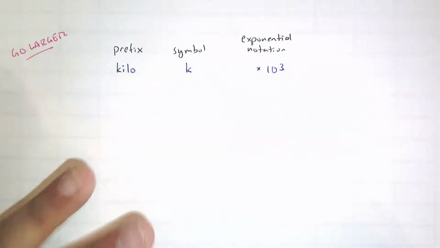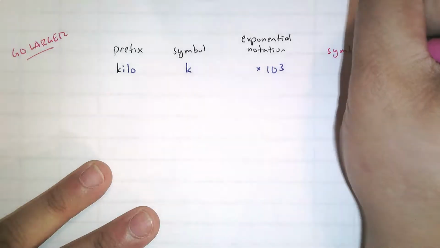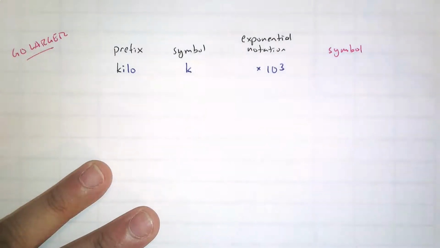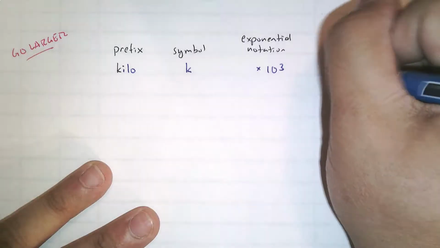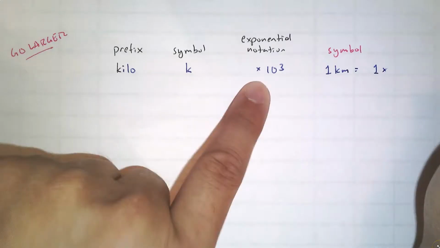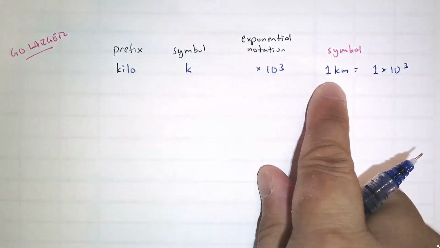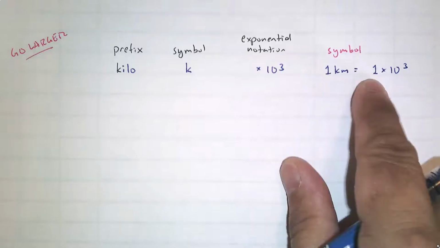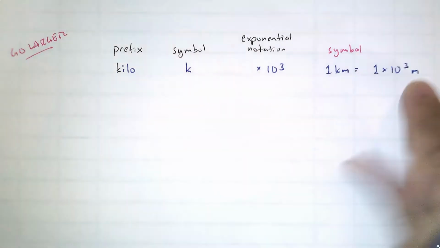Where have you seen kilo before? Kilogram, for sure. Kilometer, a unit of length. Let's do kilometer. 1 km equals 1 times your multiplier, 10 to the 3. If you have 5 kilometers, you have 5 times 10 to the 3 meters. Don't forget your units.